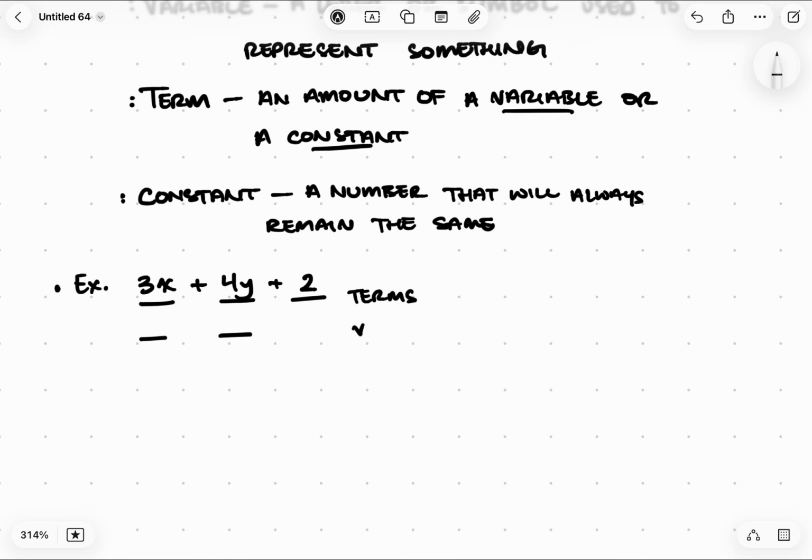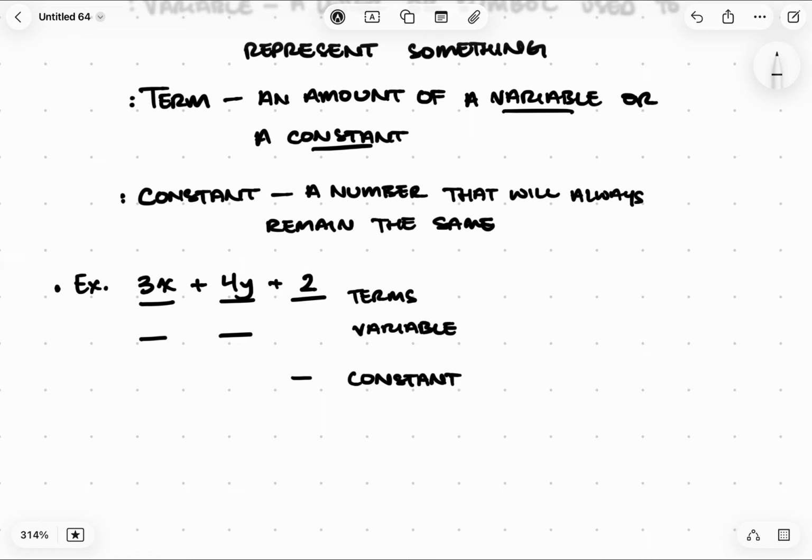Now on the other hand, I have these. Those are what we would consider as variables. How do I know that? Because I have the letter, and that letter can be replaced with a number. So if I want 3 of x, then I'll get a total of 9. If I want 2 of y, then I'll get a total of 8. And this right here is a constant. So you could see how it's kind of like in a class I have boys and girls.